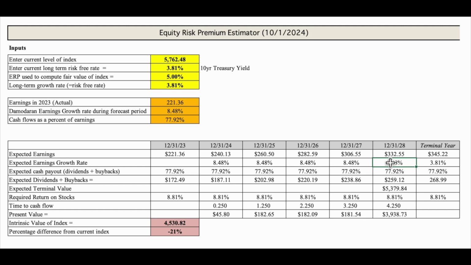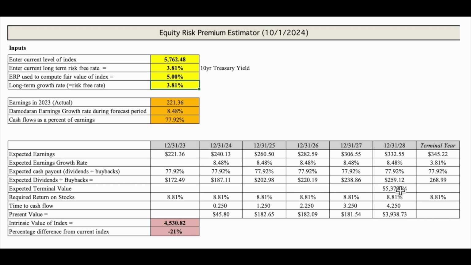But earnings don't stop in year 5. They go on indefinitely. So we need an estimate of what's called the terminal value of the earnings. Professor Damodaran and CCG use a so-called constant growth model to do that. That is to assume that after year 5, earnings grow at the same rate as the economy indefinitely, and that rate is the long-term growth rate of 3.81%.